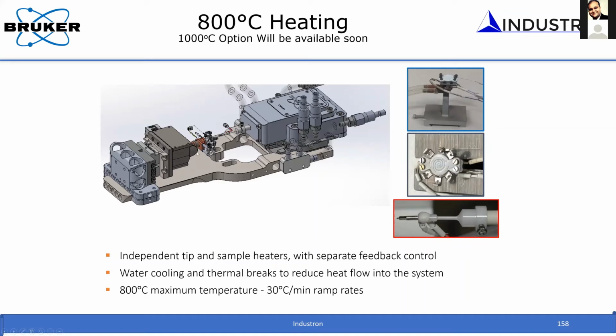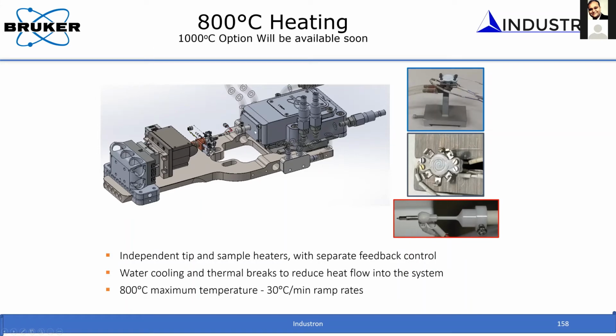So we have water coolers just around the transducer as well as the specimen stage that isolate the whole thing and prevent the heat flow into the rest of the system. Okay, and with this I think now the 1000 degree option is available, I believe, or maybe available soon.